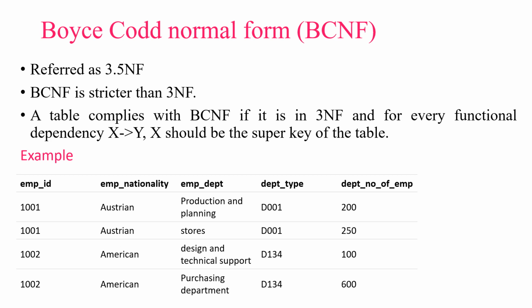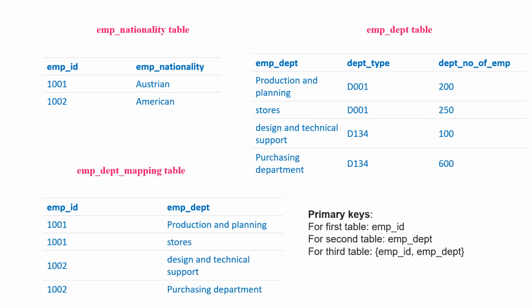To make the table into BCNF, we are going to break the table into three tables. That is the employee nationality table, the employee department table and the employee department mapping table. In the first table the employee ID is the primary key, and we can map it to the employee nationality.